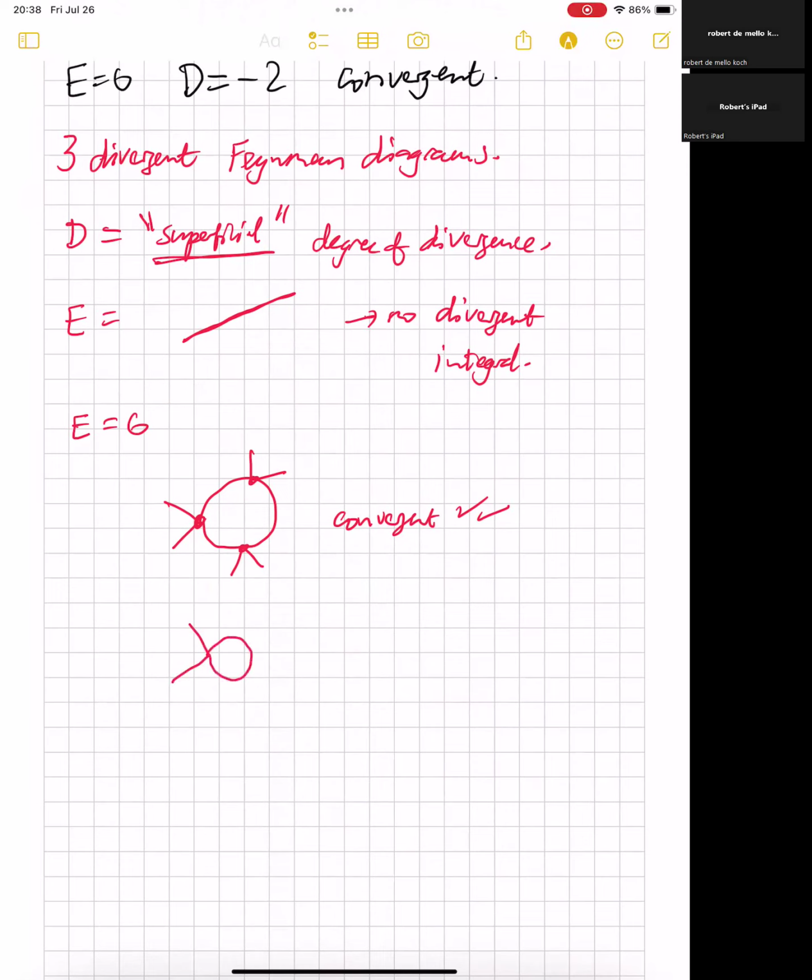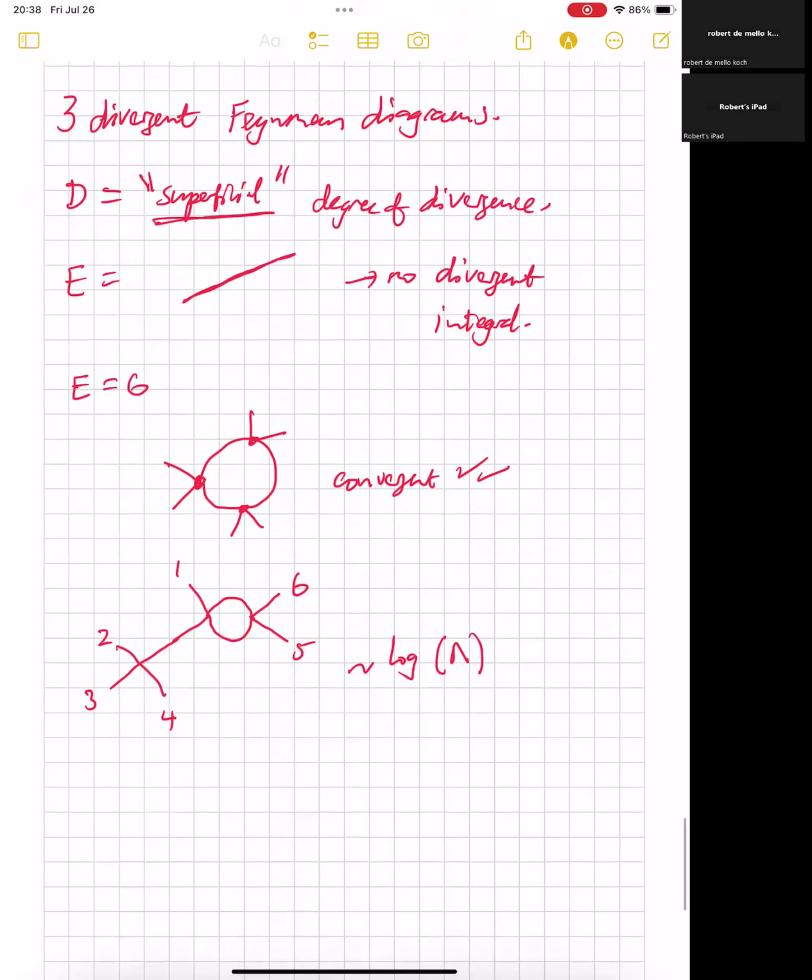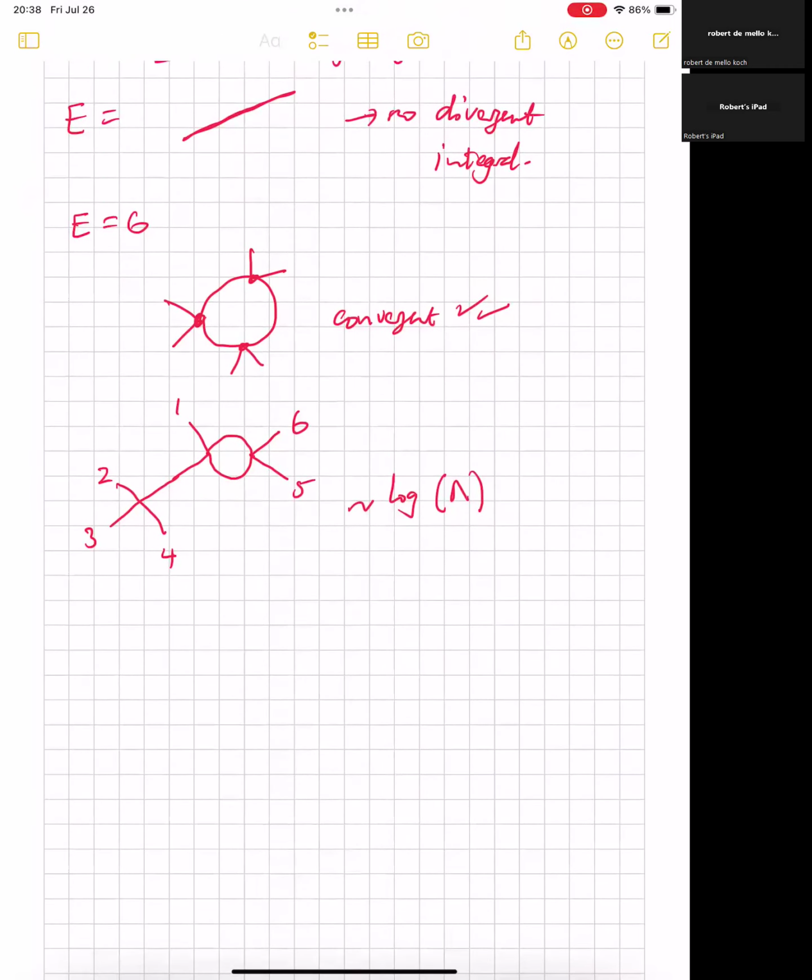Let's put a bubble over there. Let's put 2 legs there. Let's extend this here and have 2 legs there. Take a look. There's 1, 2, 3, 4, 5, 6 legs. But if you study this carefully, this diverges like log lambda. So it is divergent. As one more example, this also would be a 6-point correlator, but this would diverge like lambda squared. That's also got 6 external points.